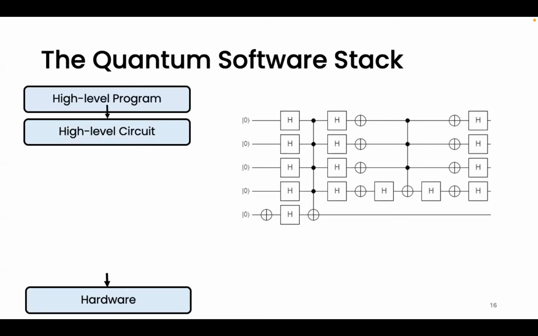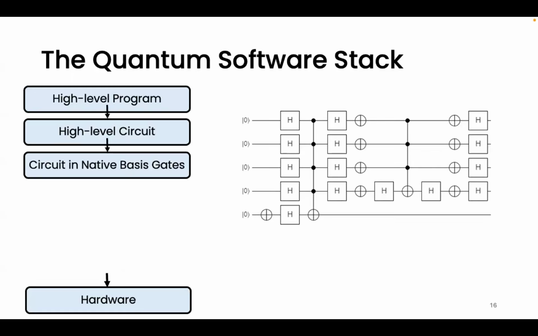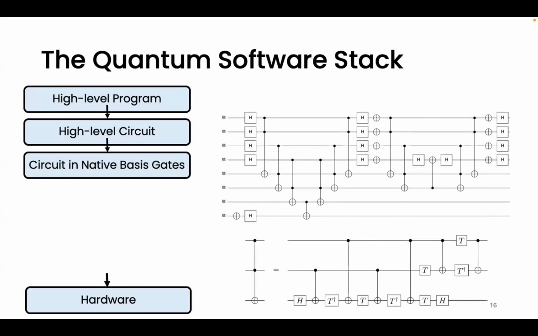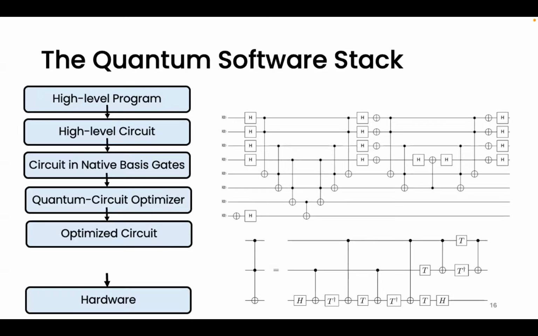But this circuit has additional operations that are not natively executable on our device, so we need to decompose them into the native basis gate set of our device. Particular hardware can only execute a limited number of operations, so we decompose other things into them. That might look something like this, where we're using some shorthand to denote a sequence of gates that's very common. But here we now have a circuit in the native basis gate set.